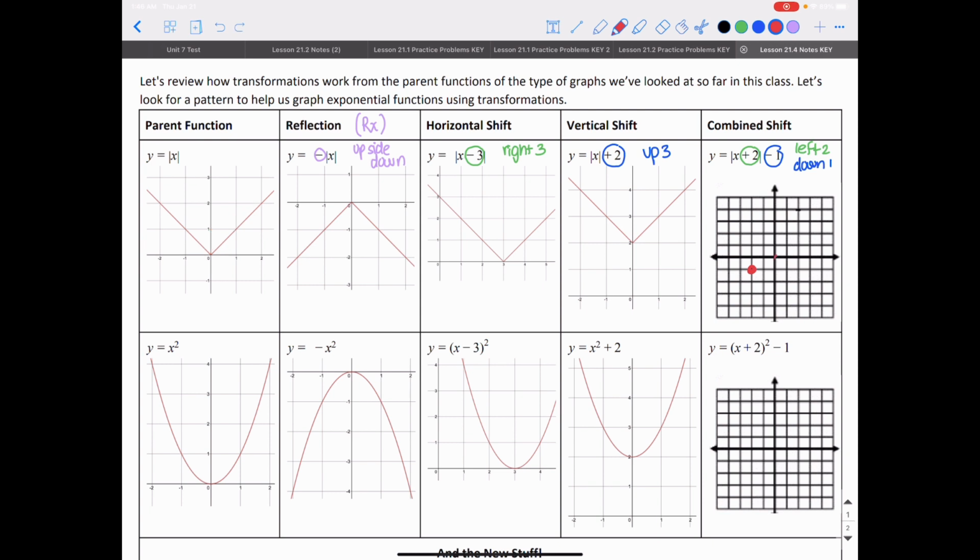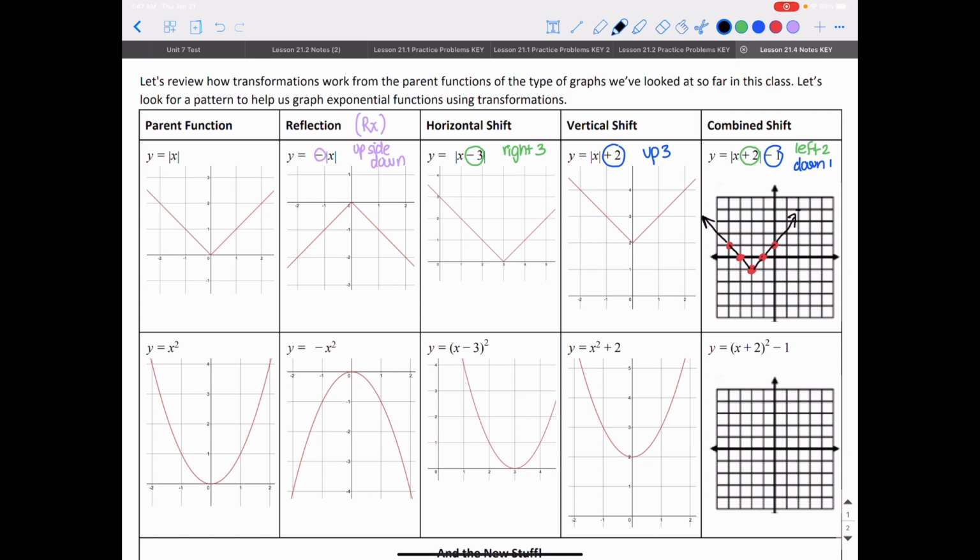So here I'm going to be moving up 1, right 1, up 1, right 1. And then I know I have the same points reflected through this imaginary line of reflection in the center, and I will have the points left 1, up 1, and left 1, up 1, and this is my absolute value function graph with those combined shifts.